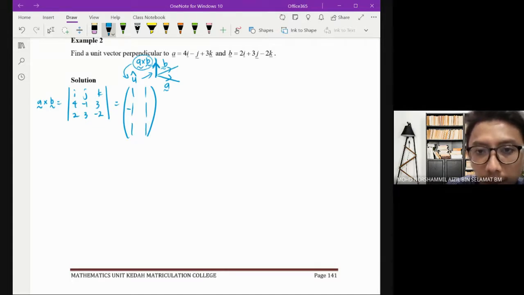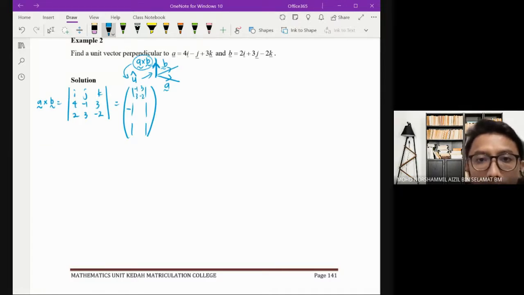This one negative so positive, negative. Kita label negative lah. Senang. Okay. So close the row and column for i. So you get minus 1, 3, 3, minus 2. Is that okay? So for j, 4, 3, 2, minus 2. The next one, 4, minus 1, 2, 3. Okay, so let's calculate.